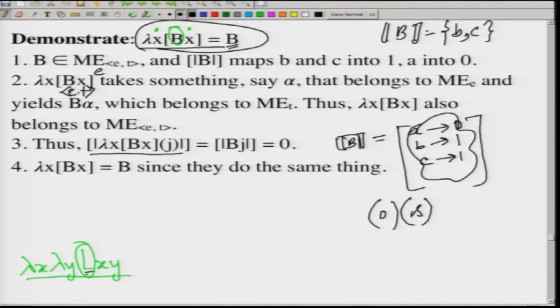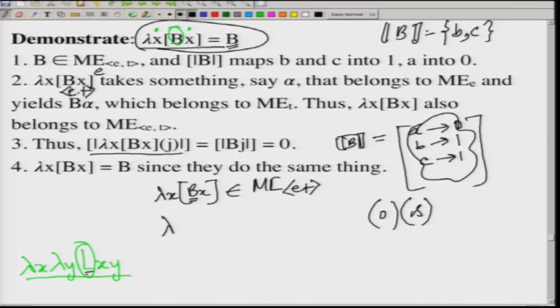We will see the types of different lambda expressions. For example, we know that the thing being defined, as I said, the type of the thing being defined is the type of the lambda expression. So it will belong to m e to t.